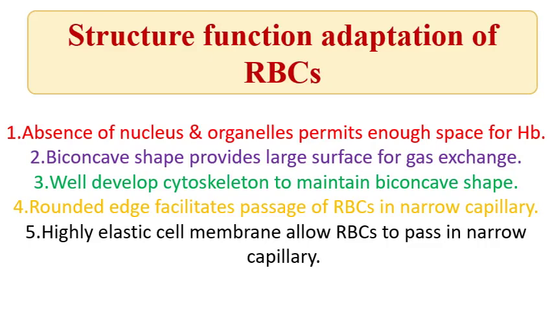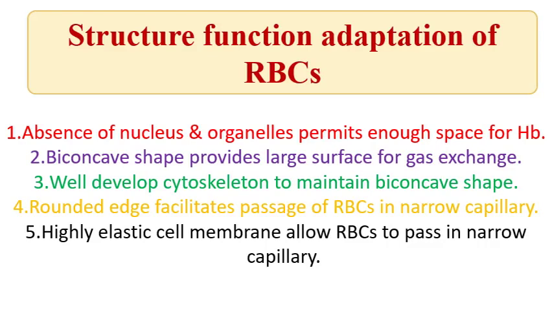First, there is no nucleus and no organelles, so there is enough space for hemoglobin. Second, the biconcave shape provides a large surface for gas exchange with the blood. Third, a well-developed cytoskeleton maintains the biconcave shape of the RBCs.